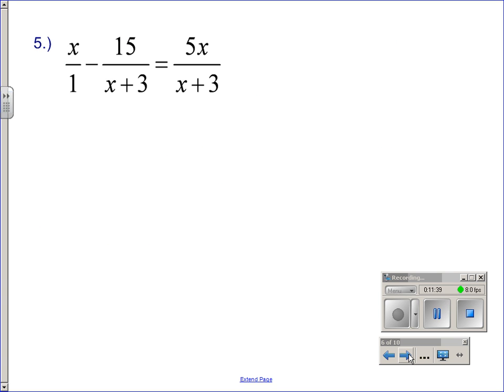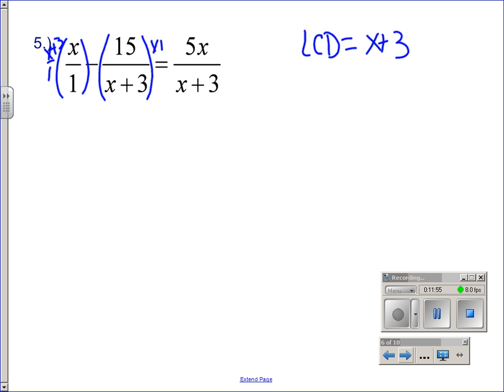Least common denominator. Good, it's x plus 3. So now multiply all of them by x plus 3. So x plus 3 over 1, x plus 3 over 1, and x plus 3 over 1.